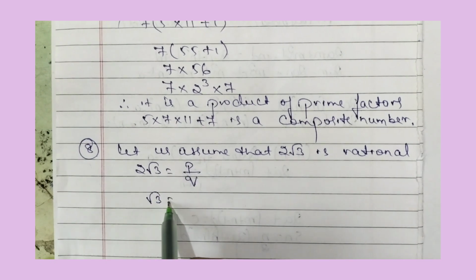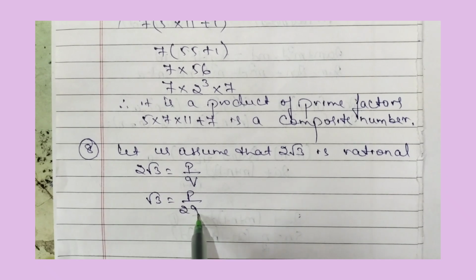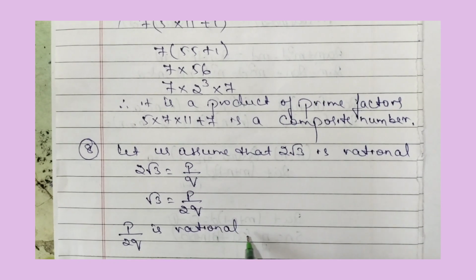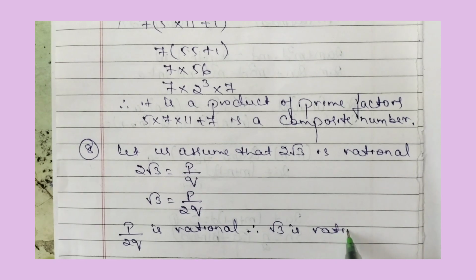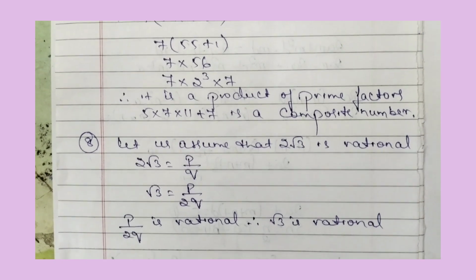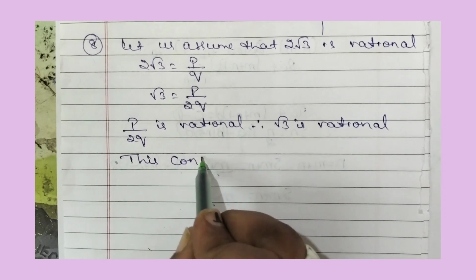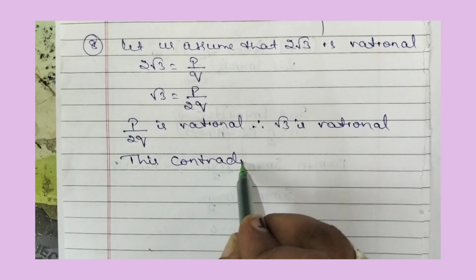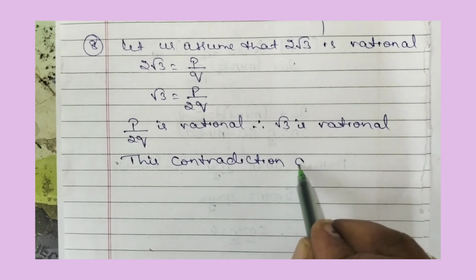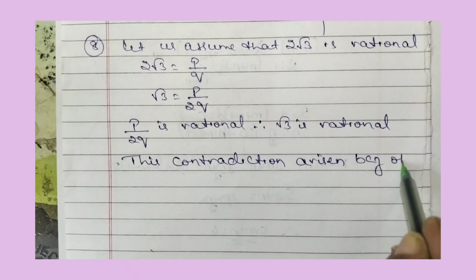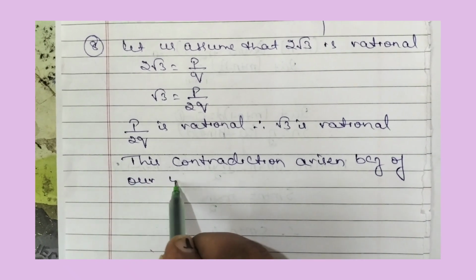So root 3 is equal to p by 2q. So p by 2q is rational. Therefore, root 3 is rational. This contradiction has arisen because of our wrong assumption.